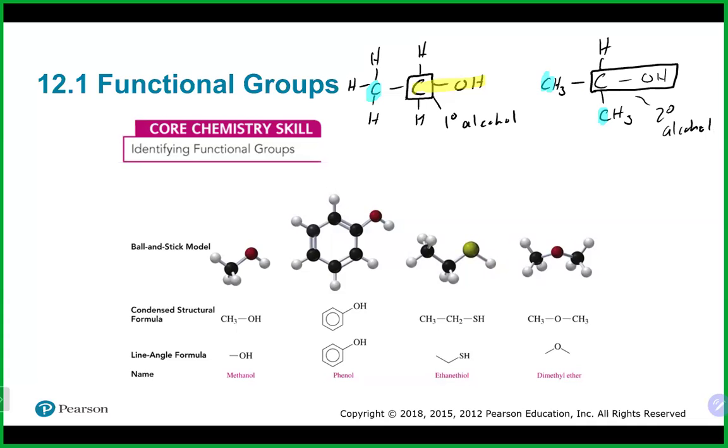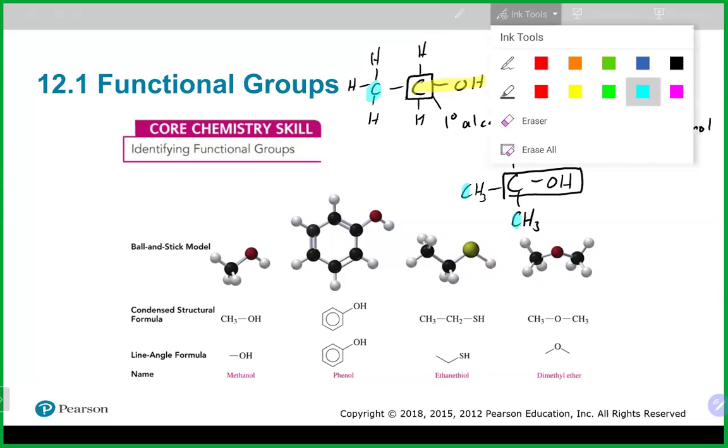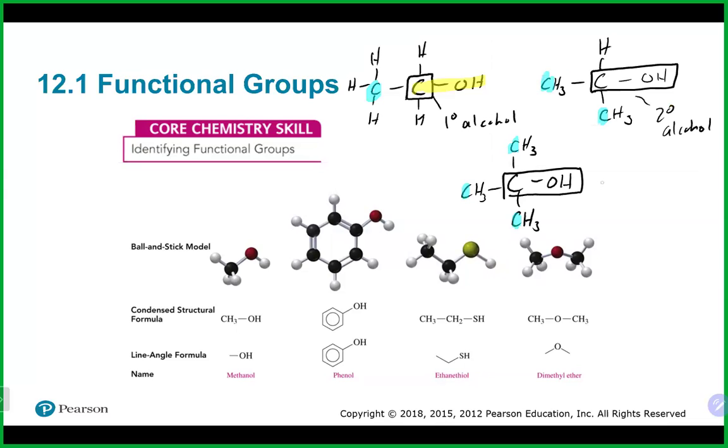And we could also have a tertiary alcohol, which just like a tertiary carbon, will find 3 carbons attached directly, again, in this case, to the carbon that is attached to the OH group. So again, here we have 1 carbon attached directly to that carbon, 2 carbons, and 3 carbons, giving us a tertiary alcohol.